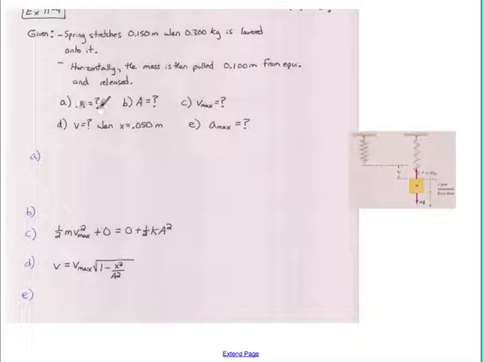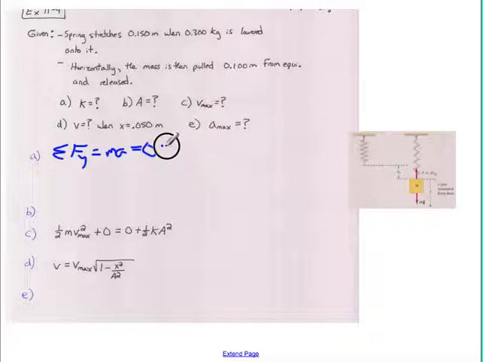So the first question is to find k. So like I said, we have to think about gravity as well. So let's apply Newton's second law in the vertical direction and say the sum of the forces equals ma. Since they just let it go, they're not accelerating it, so that's going to be equal to 0.